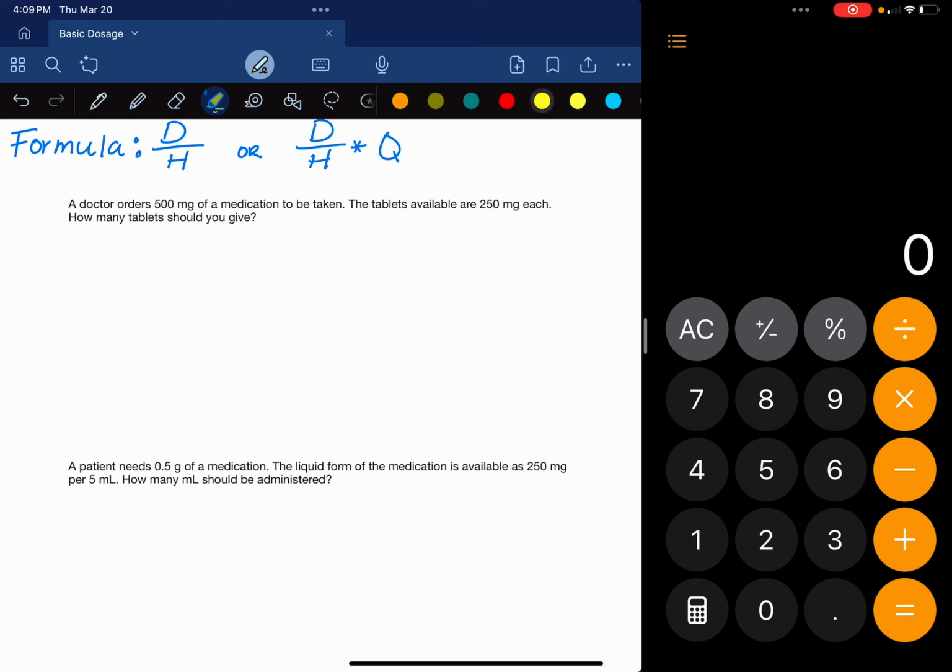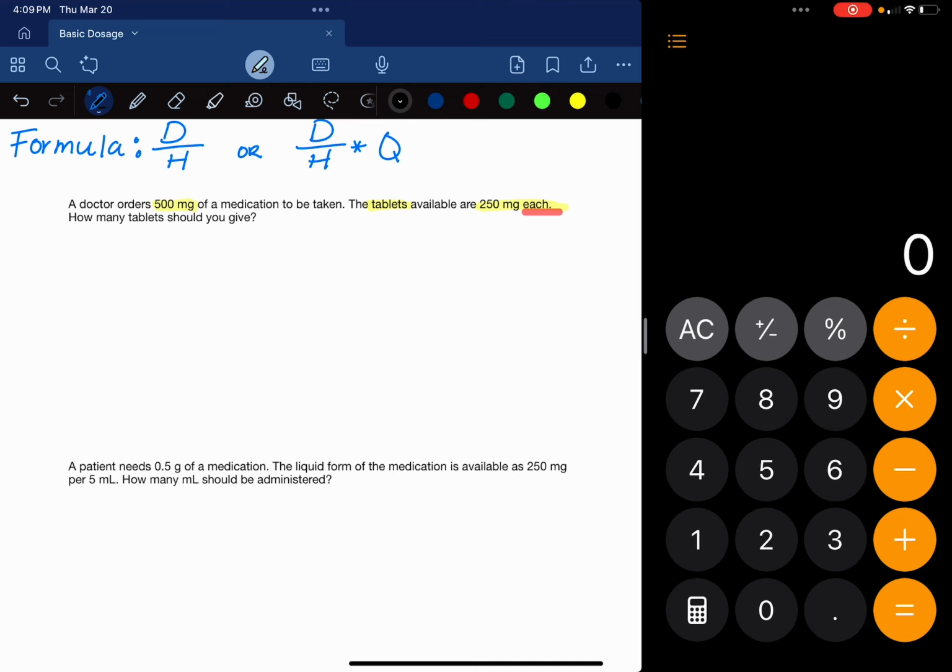What's important is this order of 500 milligrams, and then what you have, or what each tablet is worth, which is 250 milligrams. And you see right there, it says each. All right, so let's see how we will plug this in. Some people like to write everything out. That's fine, and I'll show that way.